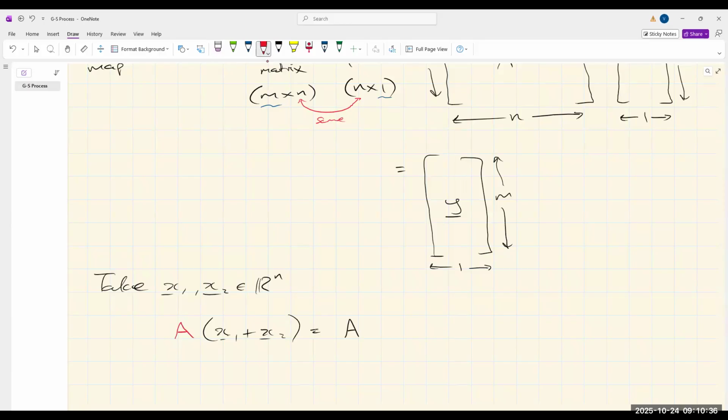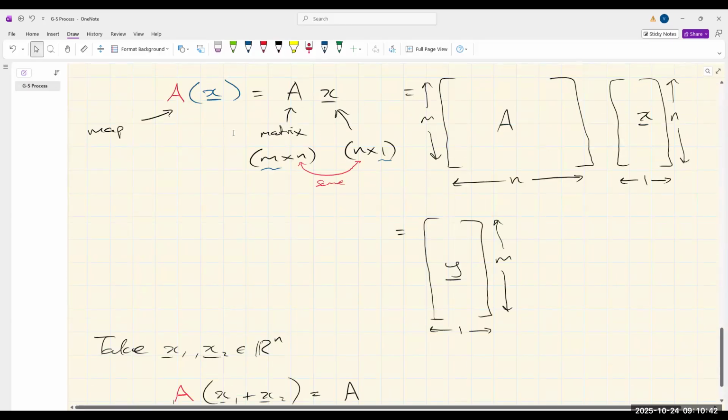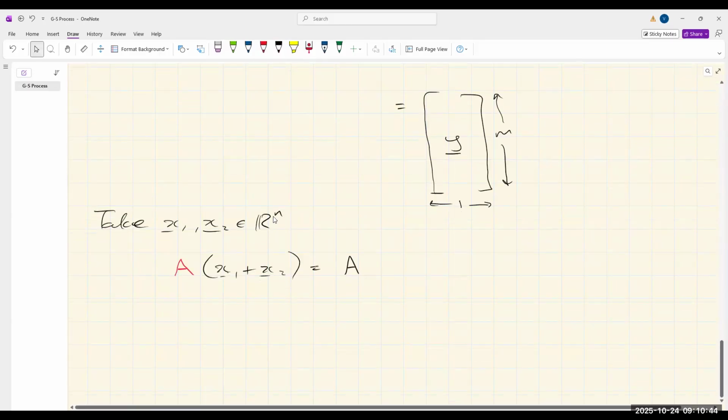So the red one will denote the map, and this is the matrix. So it's a matrix times x1 plus x2. And because this is a matrix, you know it will distribute over each one.